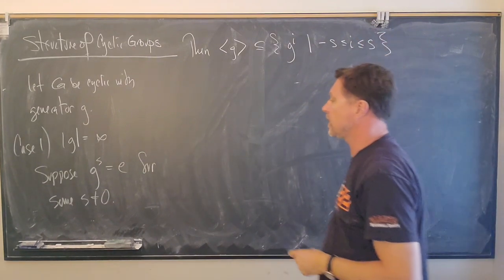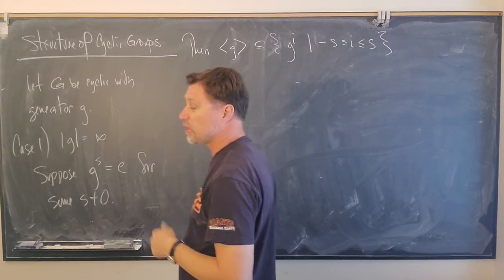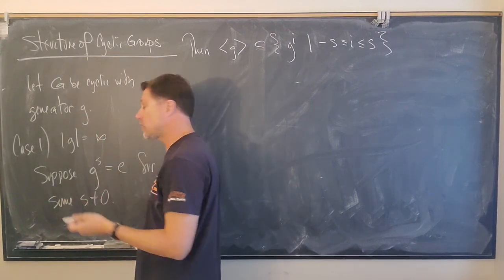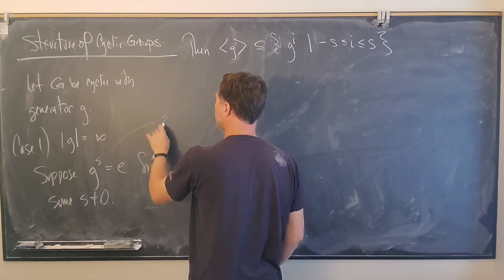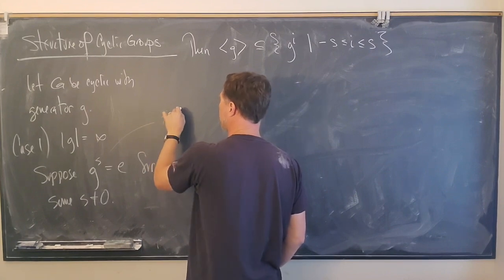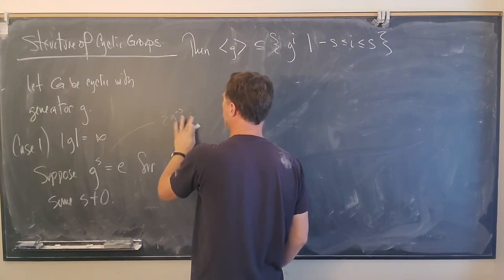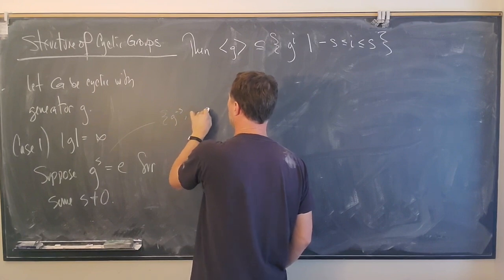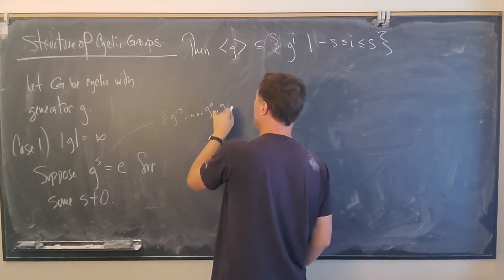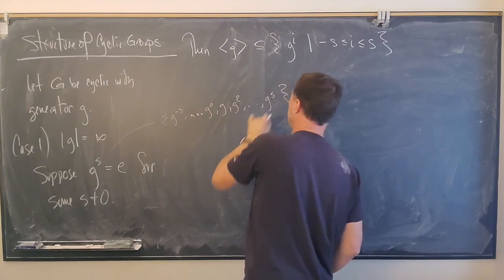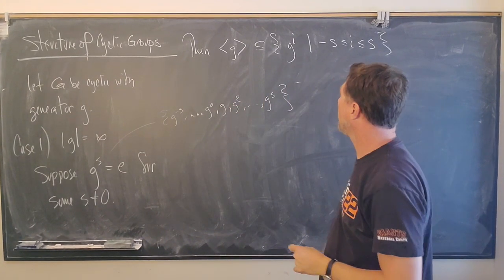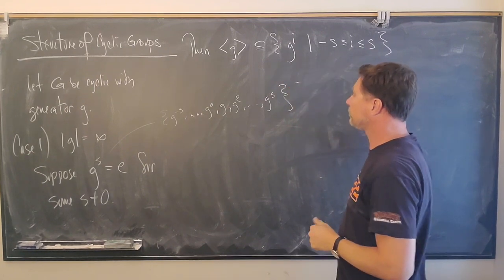So here's the idea. A little bit of scratch work here: you look at g to the minus s, and then g to the 0, g, g squared, all the way up to g to the s. That's this set right here.